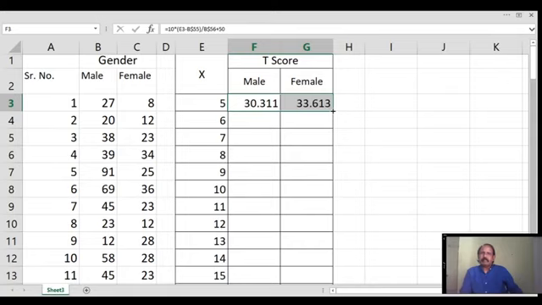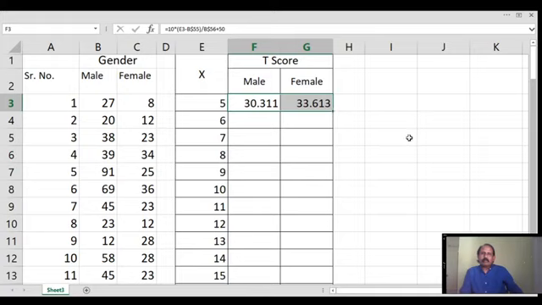Remember, I will click twice, and when I do that, the formulas written in F3 and G3 will be copied and pasted into all the remaining blank cells under the columns of male and female.